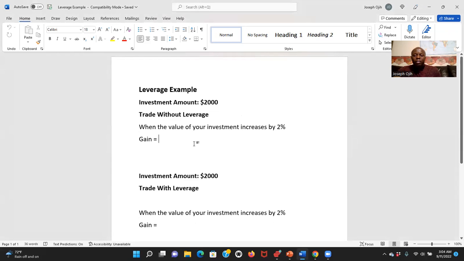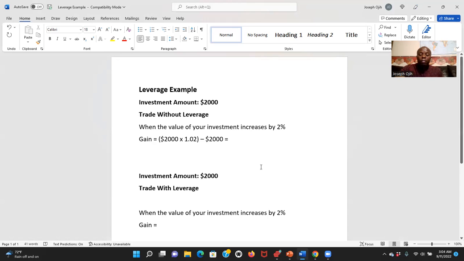In that trade, your gain is going to be $2,000 times 1.02, because the 100% represents the size of the investment, and 1.02 reflects the 2% increase, minus the amount you invested, which is $2,000.